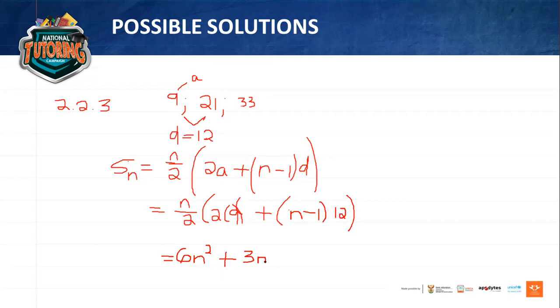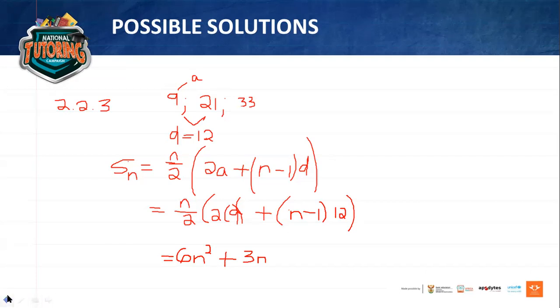So what is left is just for us to multiply everything out. Basically that is how they wanted us to work out the answer. It was not that difficult at all. It was just a sum of first differences.